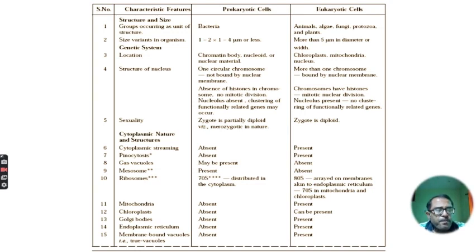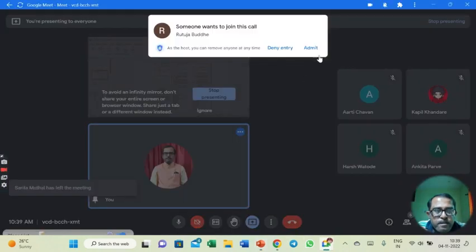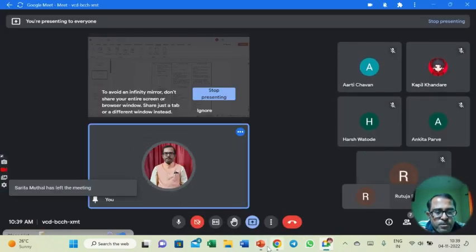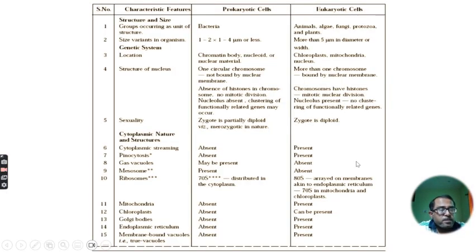When we observe the chromosome of prokaryotic cell, there is an absence of histone protein. While in case of eukaryotic chromosome, there is a presence of histone proteins, and around that histone protein, this chromatin network gets coiled in order to form the chromosome.